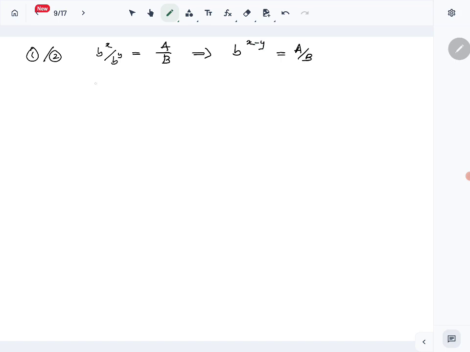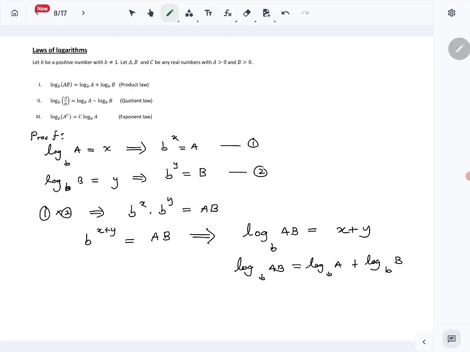Then convert to log form. So log base b of a over b is equal to x minus y, and what is x? x is log base b of a minus log base b of b, since y is log base b of b. So that's the second law.